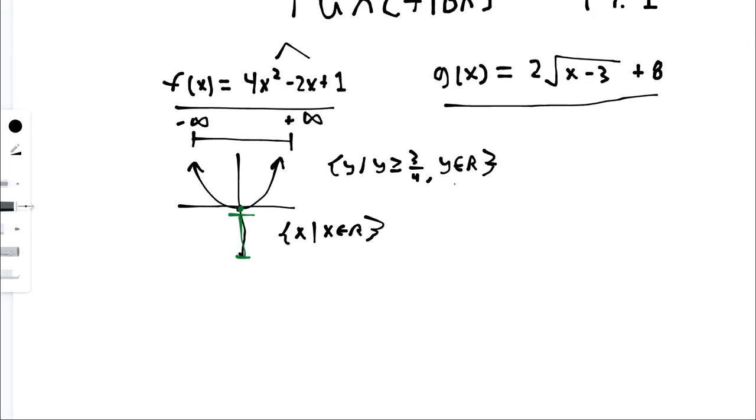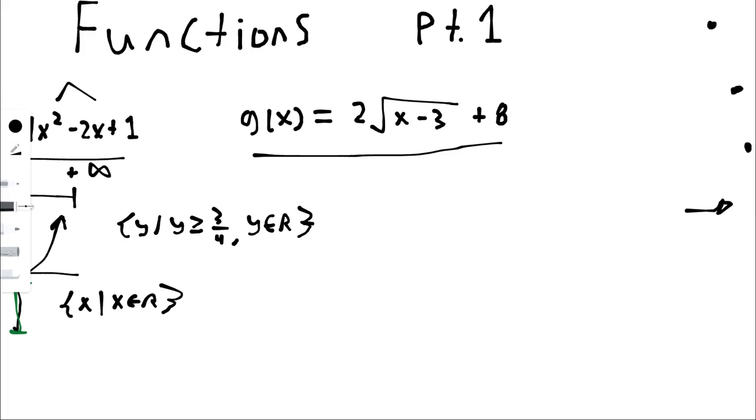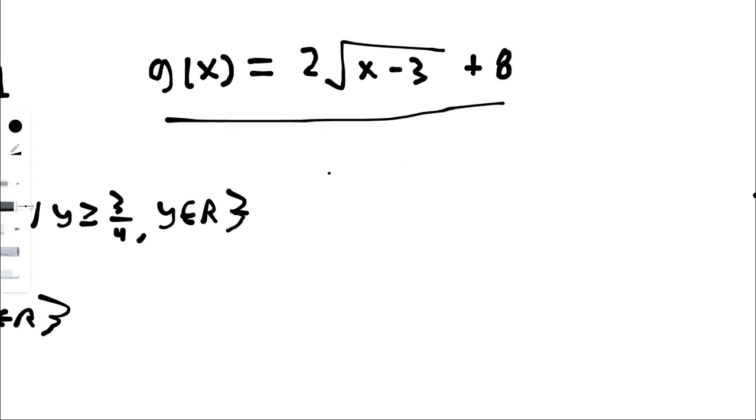And then here's another one. This one we can actually do without even looking at the Desmos here. This is like a square root function, right? So what it will kind of look like is something like this. Now this one, let's see.